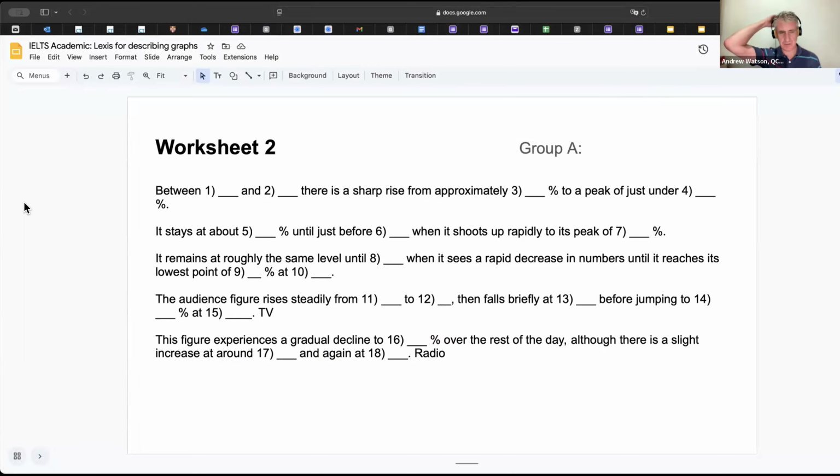Look at these sentences. Are they about the TV or the radio?